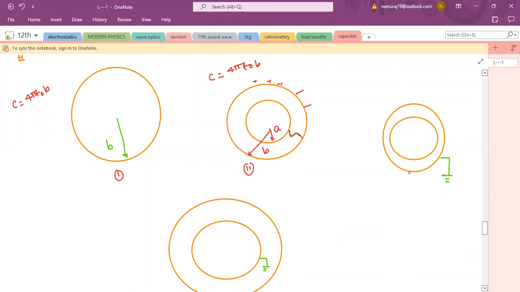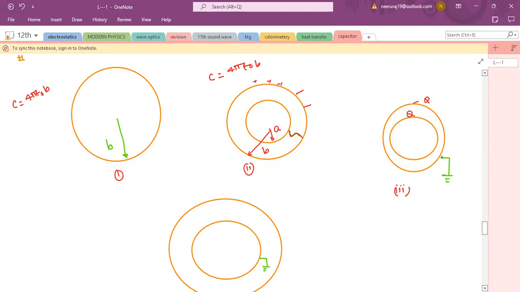The next question, bacho, is the third type of problem. In this third type of problem, what they are telling is that to the inner plate you have given Q charge and to the outer plate you have given minus Q charge. When you redistribute this charge, I have done the redistribution in electrostatics.